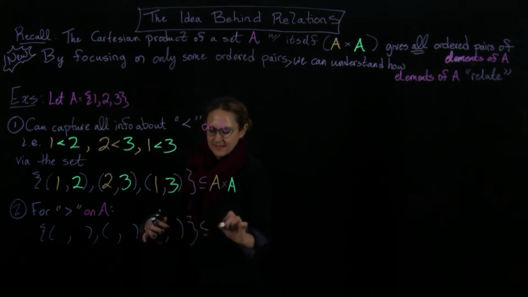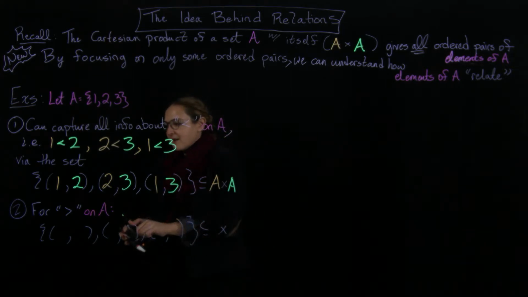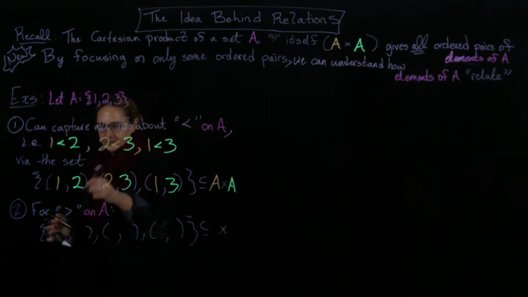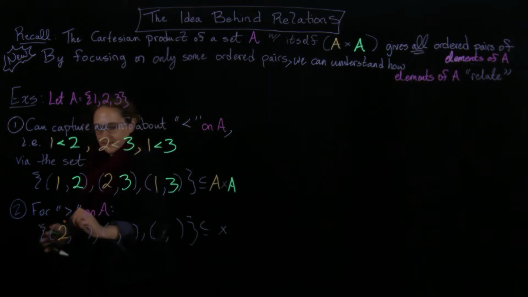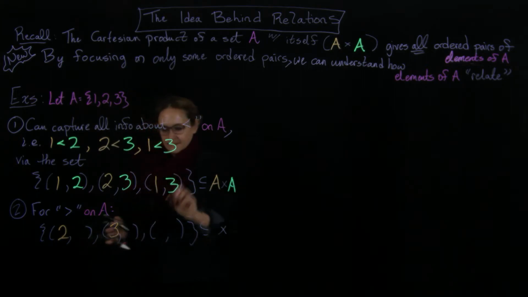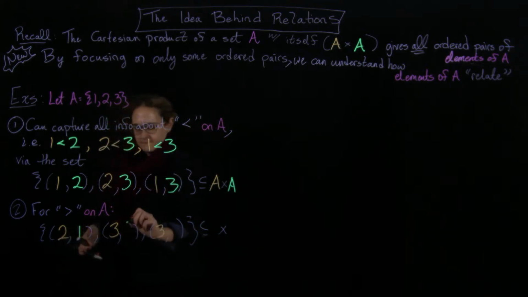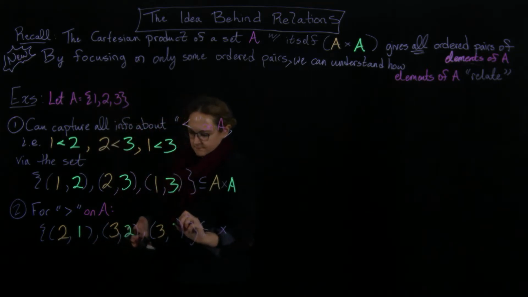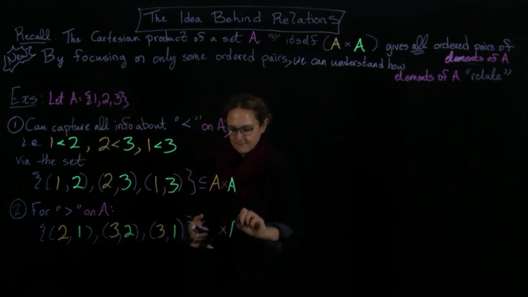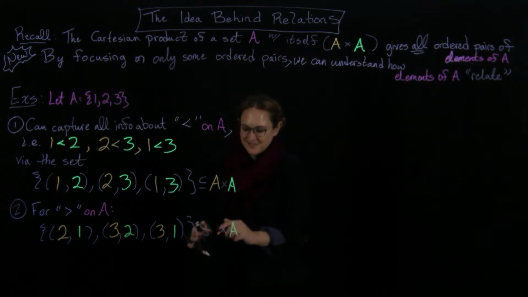Still contained in A cross A. Now let's see if I can do this without making any mistakes. I'm doing it quietly so I don't make any mistakes.